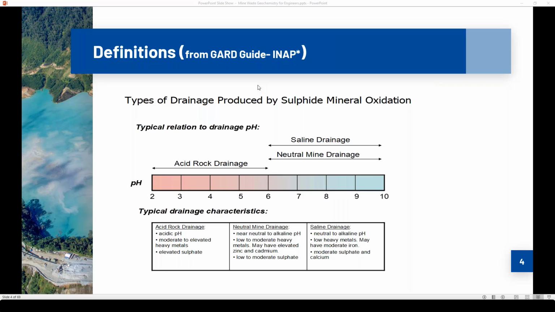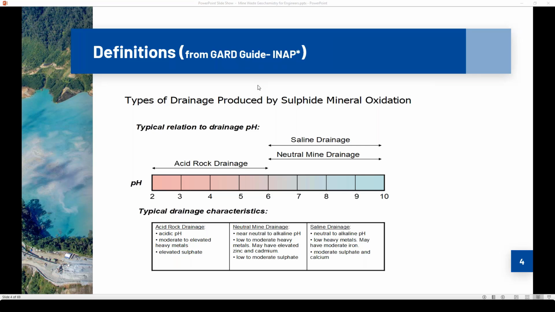So, just some definitions to put that all into context. Typically we focus on the pH range, and I'm using a slide here from the GARD Guide. The reactions of acid mine drainage can cause a pH all the way from highly acidic, the reds to the left, through to far more neutral pHs on the right-hand side of that graph.